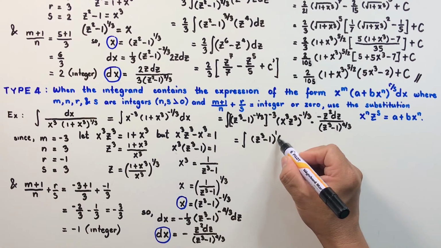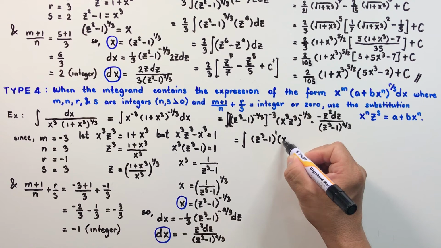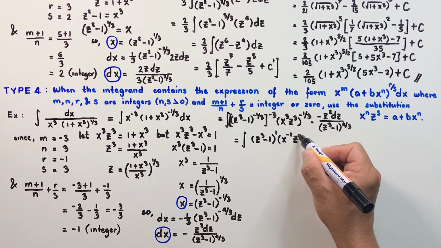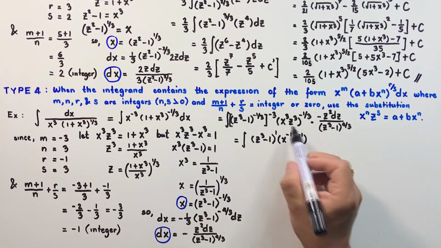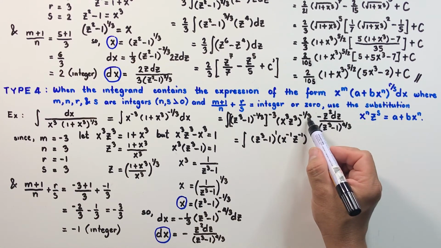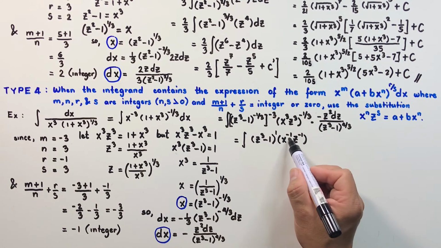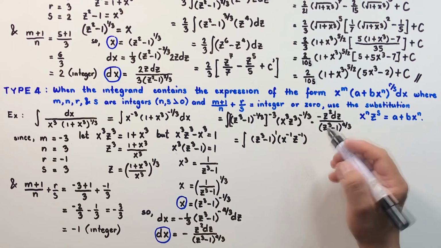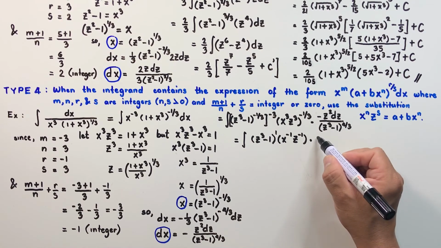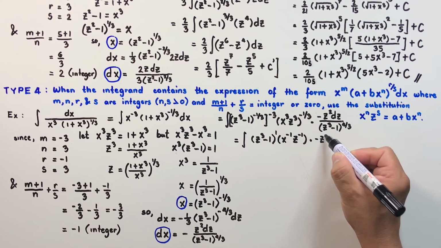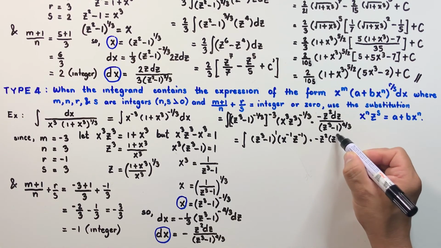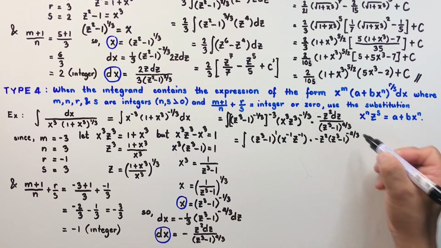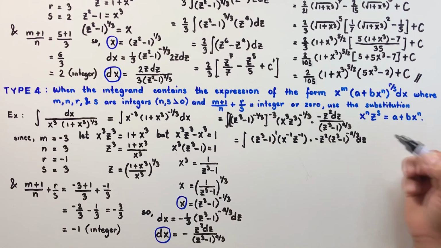And this is multiplied by x to the power of negative 1 times z to the power negative 1, because when 3 is multiplied by negative 1/3, the product is negative 1. And so with these exponents here. And this is multiplied by negative z squared times z cubed minus 1 to the power of negative 4/3.